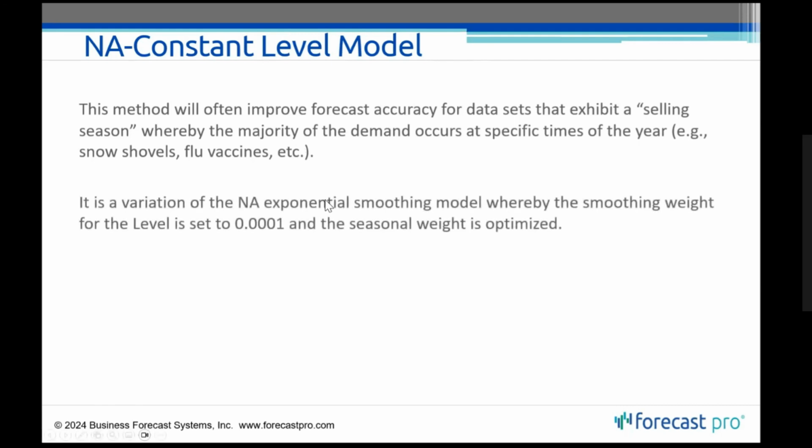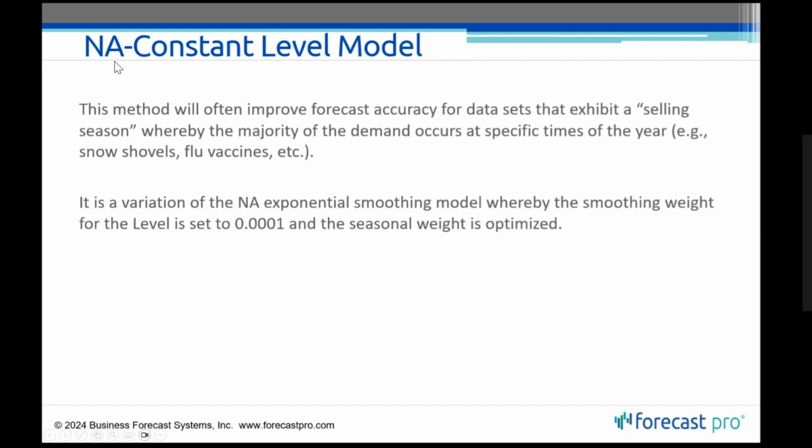It's a variation of exponential smoothing, whereby the smoothing weight is forced to something very small, and in this case, 0.0001. The concept here is we're not going to allow the level to change very rapidly. We'll see how this works. So the model is an NA, so it's not trended.